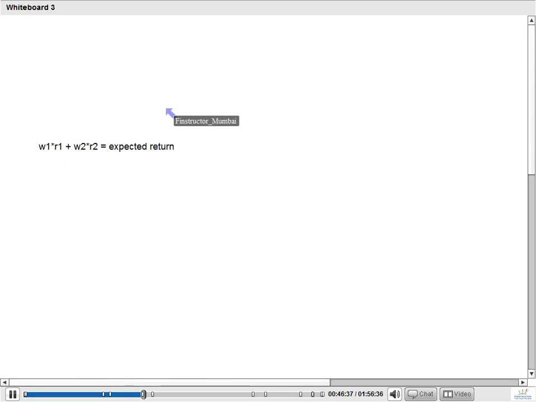I did the correlation analysis and the correlation between A and B came out to be minus 0.7, indicating a strong negative relationship, that when coal stocks do well, steel stocks perform badly, and when coal stocks do badly, that is coal prices fall, steel stocks do well.